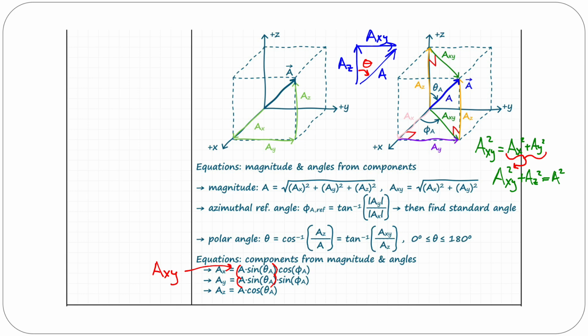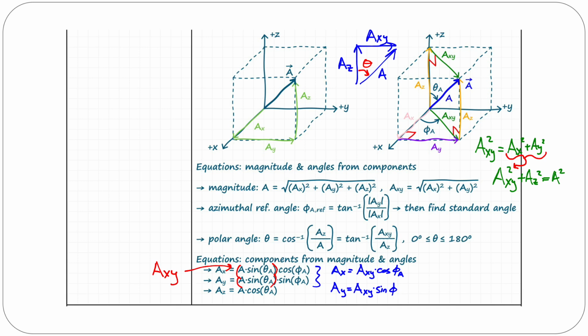So these two terms here are a lot like what we've seen before, looking at just the XY plane instead of a vector that's only in the XY plane.